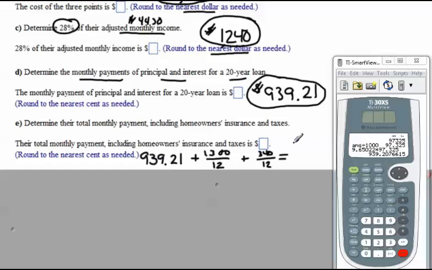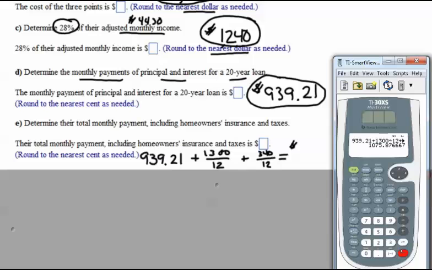And that will give us their total monthly payment. So we're going to have $939.21 plus $1,300 divided by 12, which should be a little bit more than $100 per month, plus $340 divided by 12, which should be less than $30.